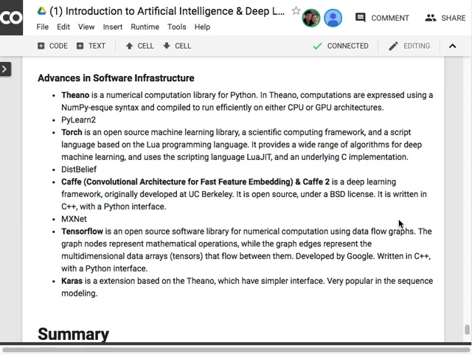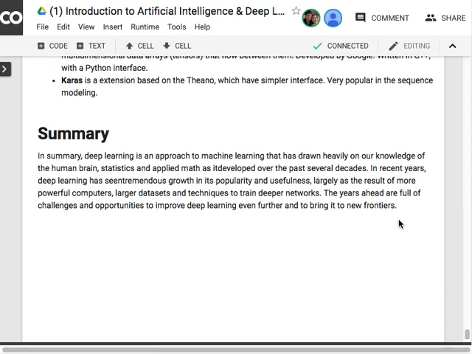And to summarize, deep learning is an approach to machine learning that draws heavily on our knowledge of the human brain, statistics, and applied math, and it has developed over the past several decades.